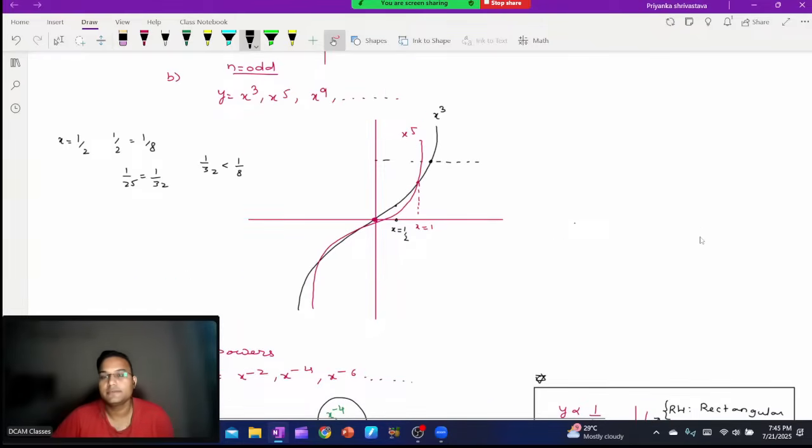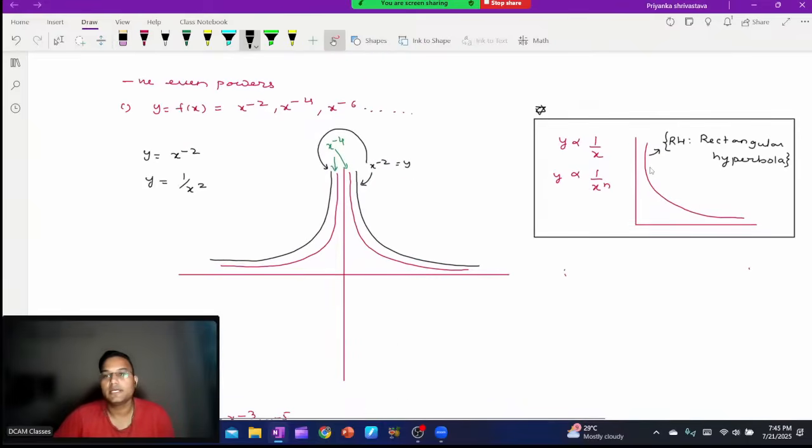Now in the second case, domain is R. What would be the range? Minus infinity to infinity. Good. Now in this case, domain is R, except 0. And then one thing you have missed for the range: it's not minus infinity.